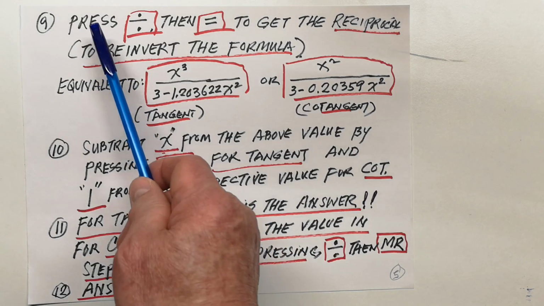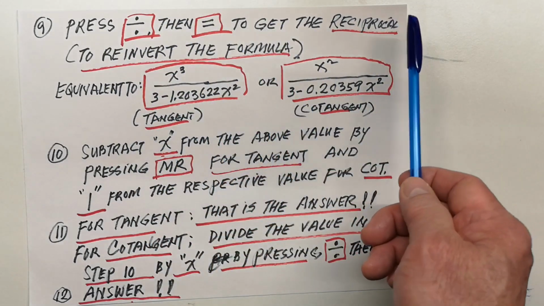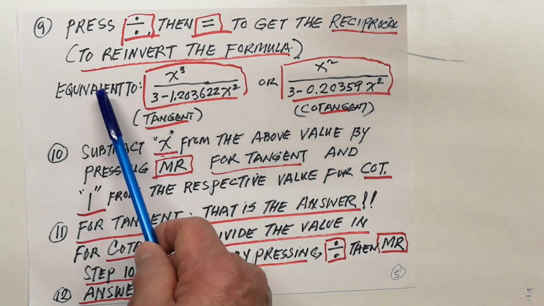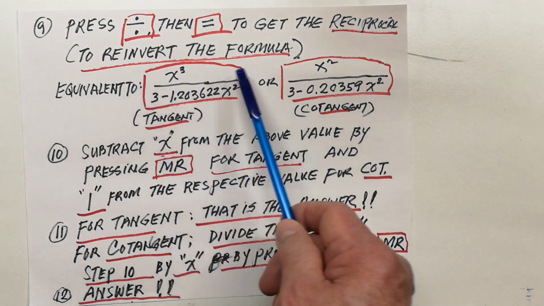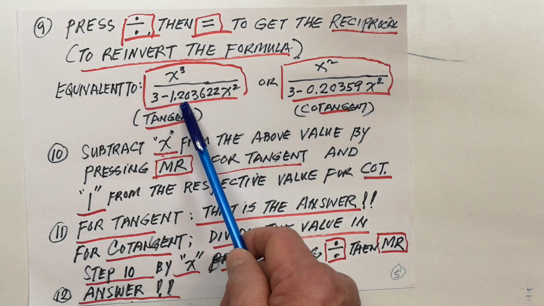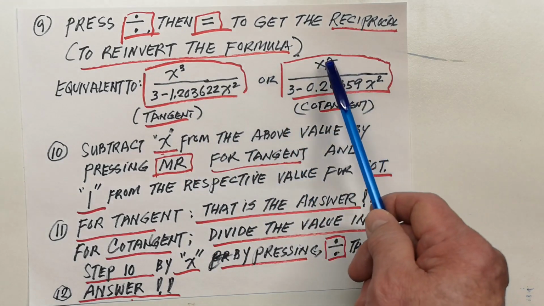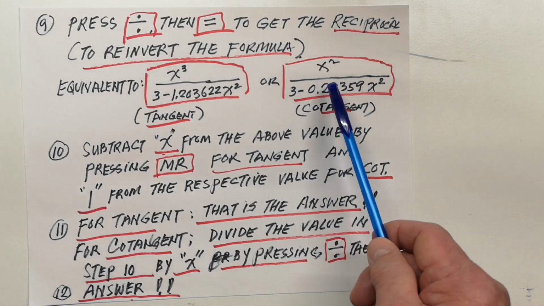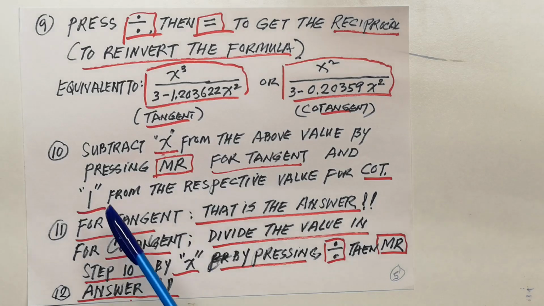So what you do is you press divide and then press equal to get the reciprocal, to reinvert the formula. So after inverting, it will now be equivalent to x cubed divided by 3 minus 1.203622x squared for the tangent, or x squared divided by 3 minus 0.20359x squared for the cotangent.